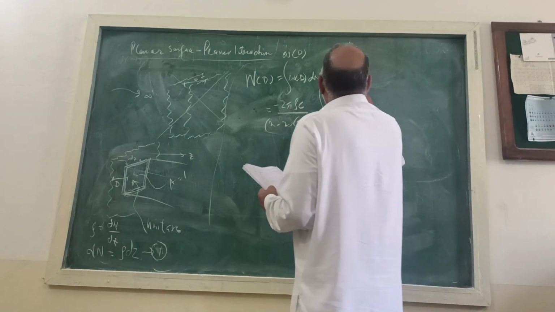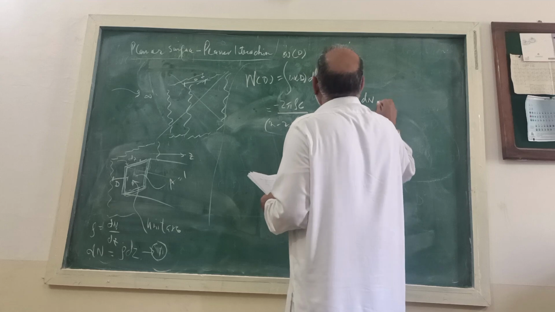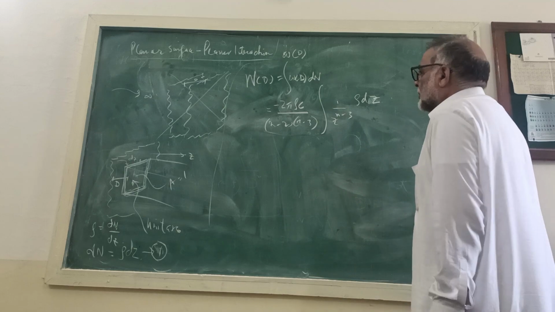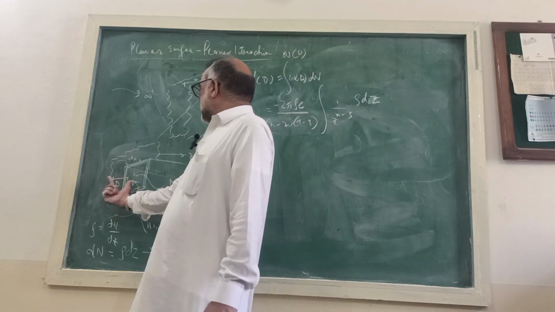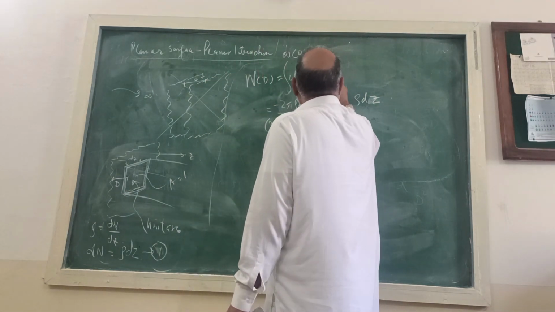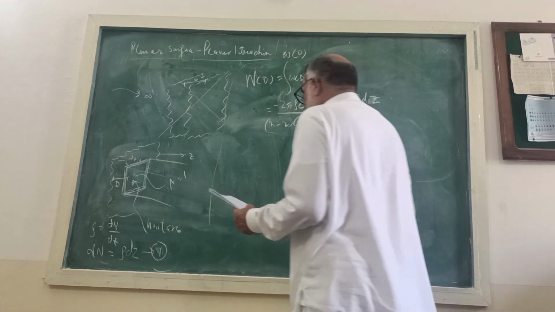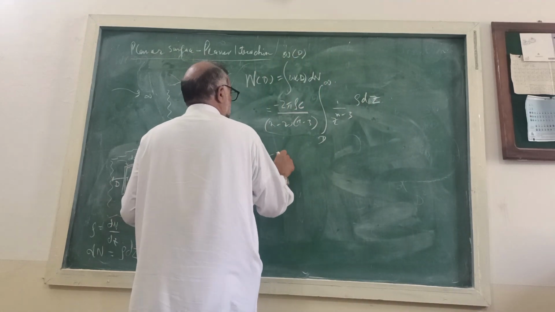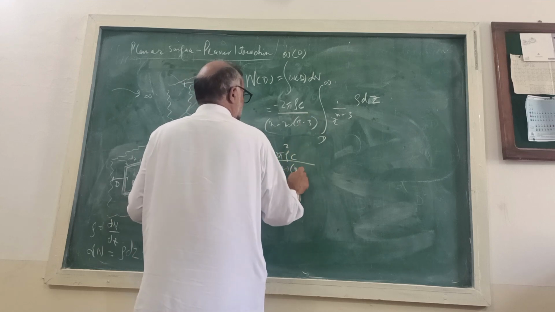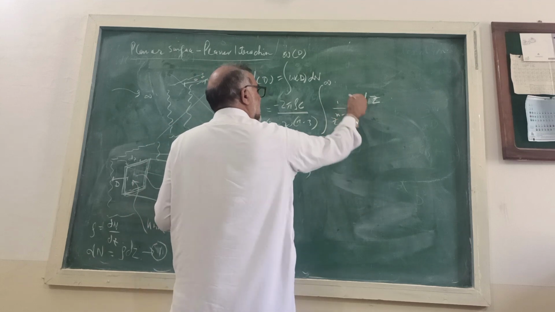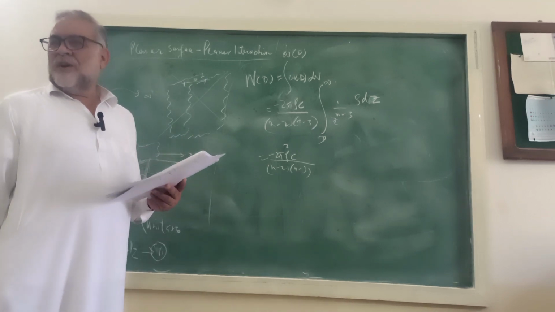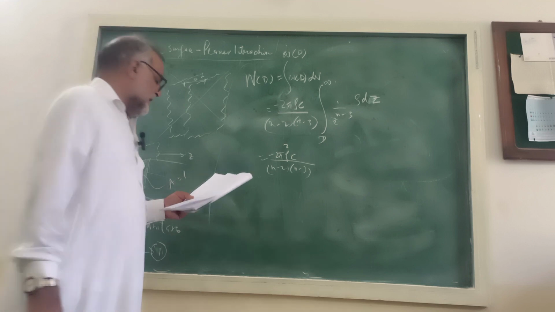Okay, now for dn we write rho dz, right? And now z goes from d to infinity, right? So that can be written as minus 2 pi rho square c over n minus 2, n minus 3, right? And I integrate this. When I integrate this, increase the power by 1, so it will be 4 minus n, right?